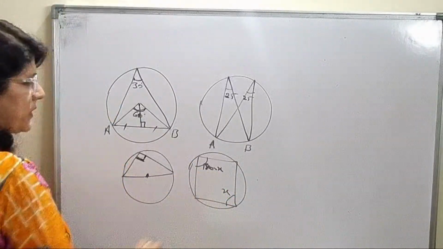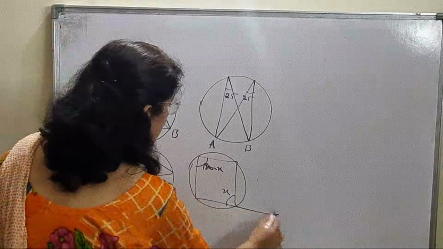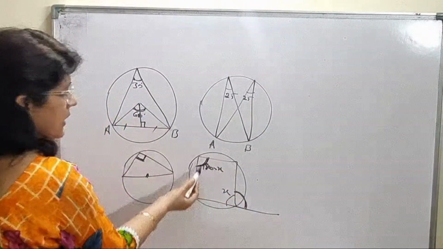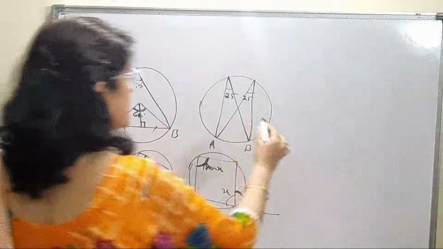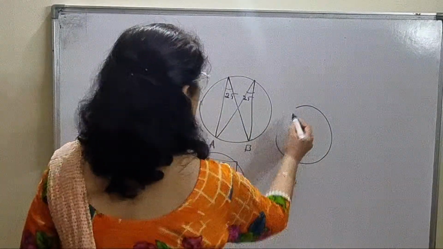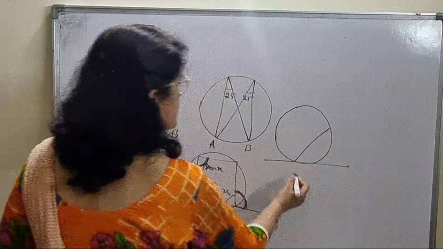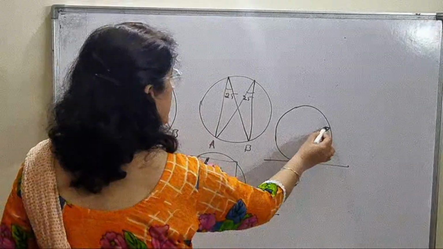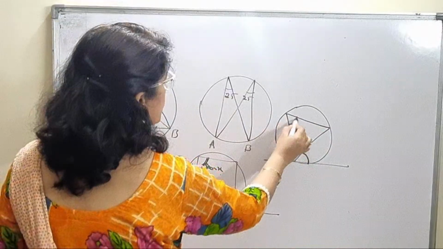So this is the cyclic property. So we can use the cyclic angle property too. Besides this, the exterior angle: if this is the exterior angle it should be equal to the interior opposite angle. If it is 180 minus x then this also should be equal to 180 minus x. Similarly, in the case of tangent there is a very important theorem, in which a tangent makes an angle with a chord, like this is a chord and this is a tangent. If this angle is given, made by a tangent and a chord, and if this chord makes any other angle on any part of the circle, then this angle should be equal to this one.